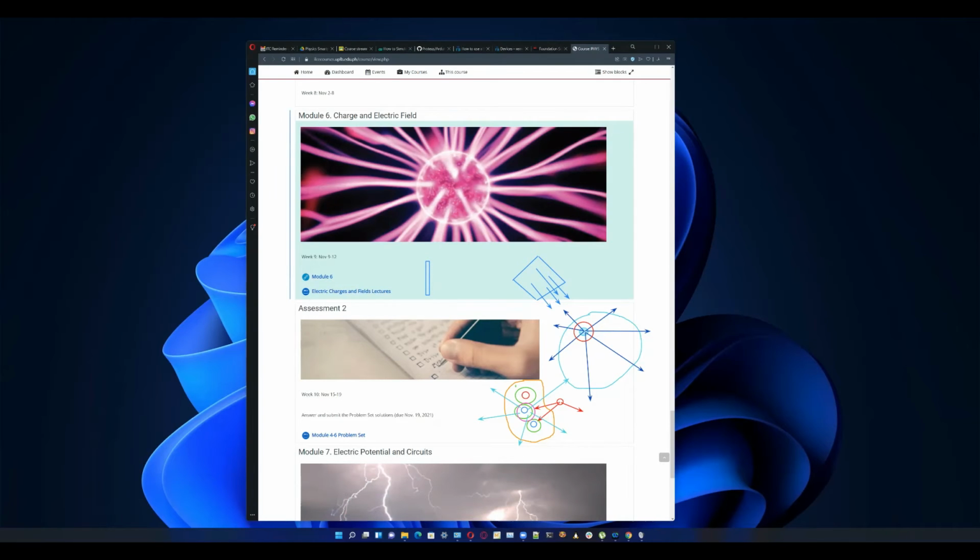Kung makikita mo, yung field mo, magiging ganito na siya. Perpendicular. Ganyan. Kasi tinignan natin yung side of this. So ang makikita mo, uniform na paganyan.